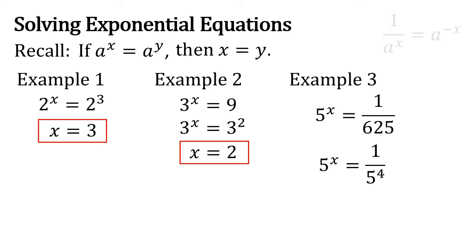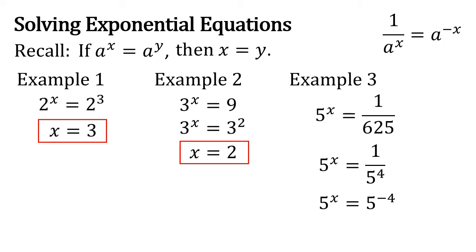So remember one of the laws of exponents: 1 over a to the x is equal to a raised to negative x, or a raised to negative x is equal to 1 over a to the x. So we can express 1 over 5 raised to 4 as 5 raised to negative 4.